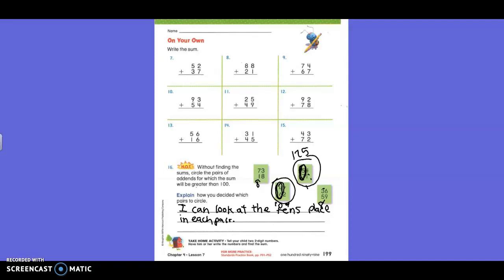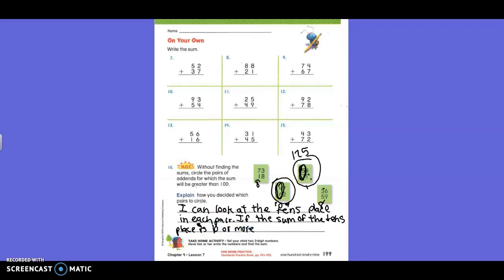I'm not done writing, so looking at the tens place. If the sum of the tens place is 10 or more.